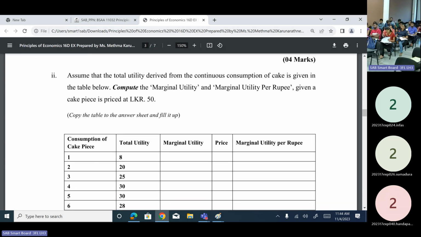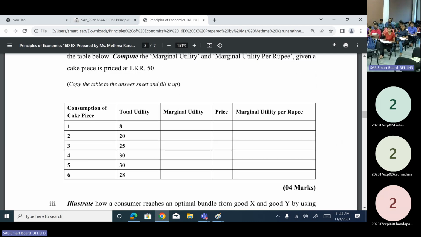Assume that total utility derived from the continuous consumption of K is given in the table below. Compute the marginal utility and marginal utility per rupee given a K piece is priced at LKR 50. So how do you get marginal utility? Change in total utility divided by change in the quantity.